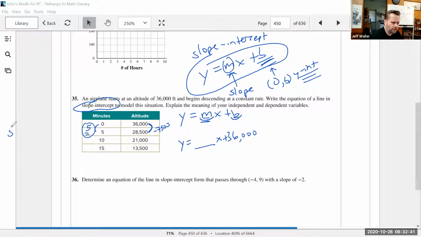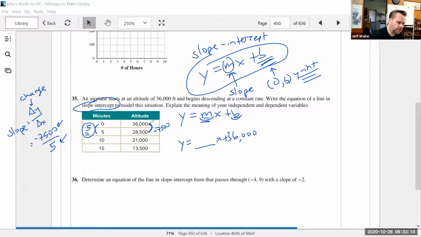So remember, the slope is the change in y over the change in x. I don't know if I've used that symbol before, but that means change. How much do the y's, how much do the outputs change? Negative 7,500, while the inputs change by 5. So this really tells me how much the y's step while the x's step by how much.